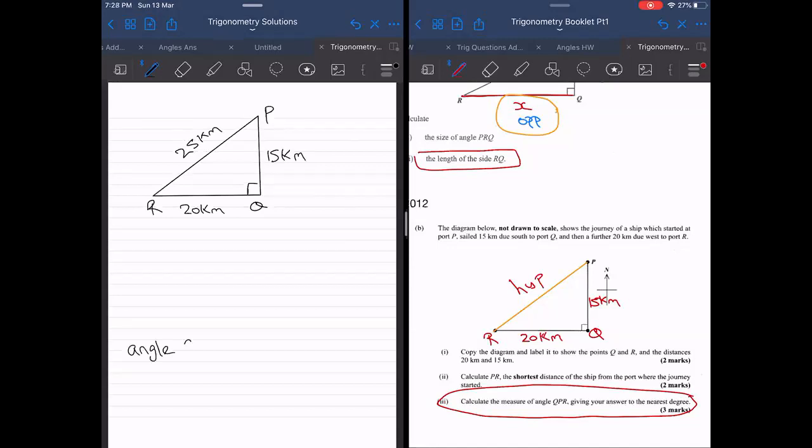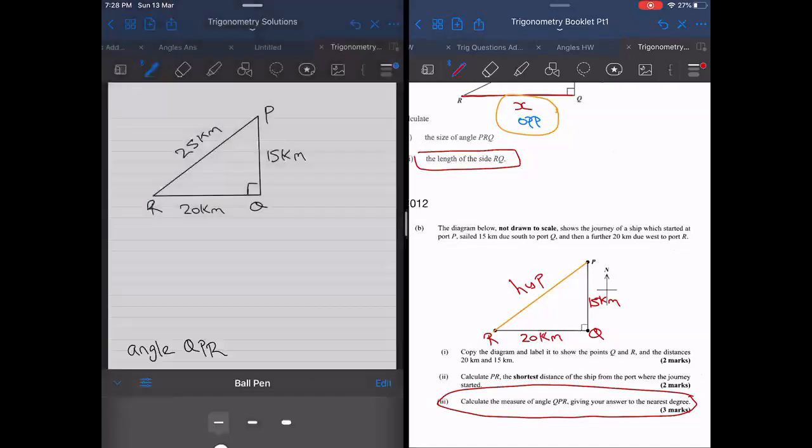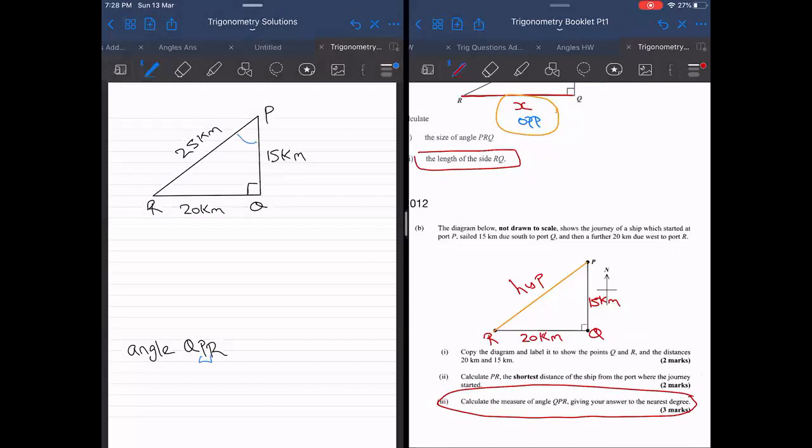When they say angle QPR, what they're saying is that the angle is at P, in between Q and R. Sometimes persons end up labeling these things incorrectly. So it's the angle at P in between Q and R. This is the angle that they want.